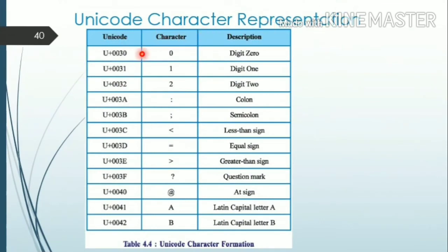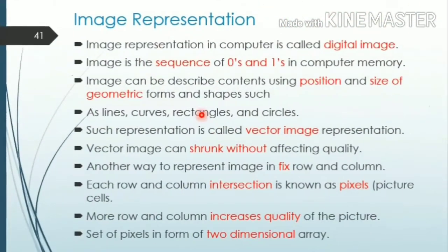This is Unicode character representation, and the description is given here in this table. Now image representation. Image representation in a computer is called a digital image, and an image is a sequence of zeros and ones in computer memory.